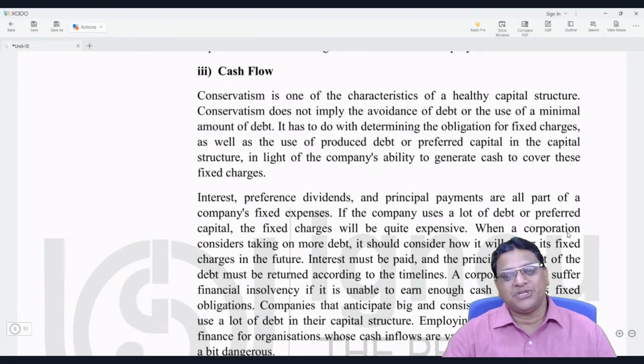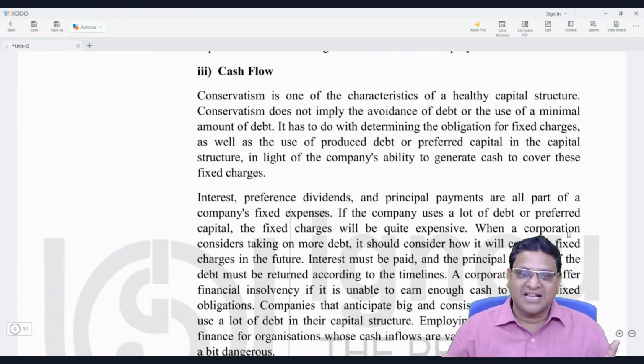Hence, where the cash flows are stagnant, consistent, less fluctuating, companies should use more and more debt capital. Why? In that case, the company is in a position to service the debt better.